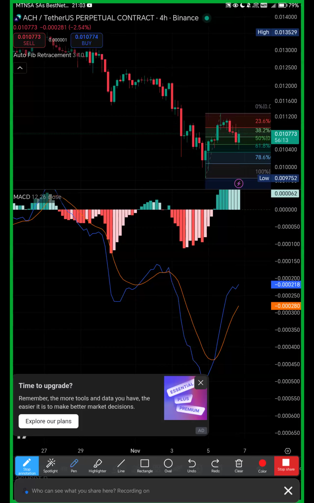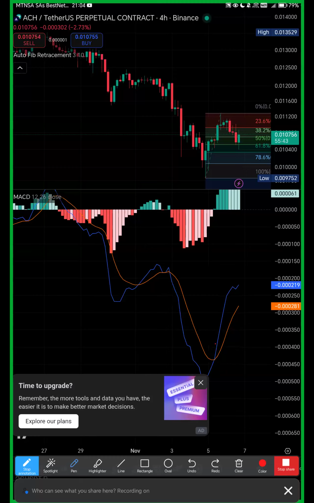But when the blue line crosses the orange line again, but this time it is crossing to go up, not to come down, it signifies upward movement of price.